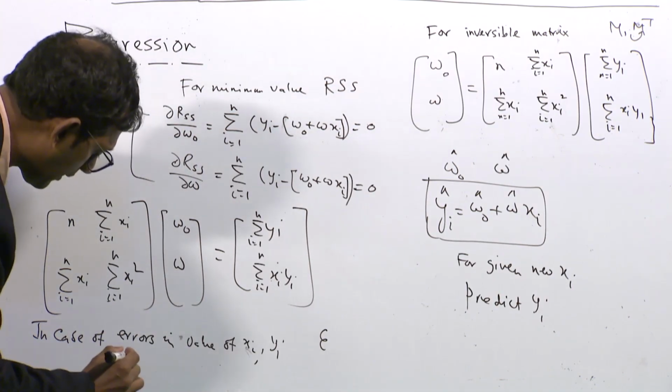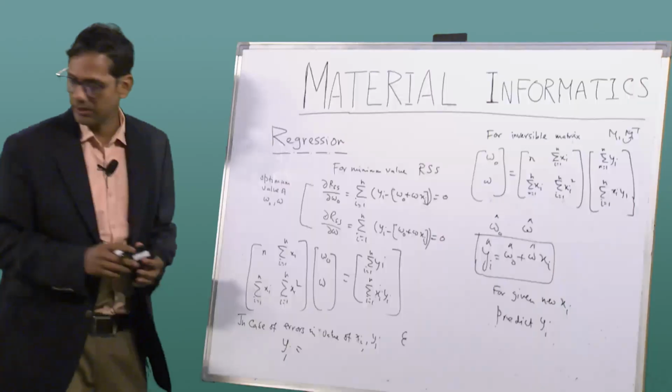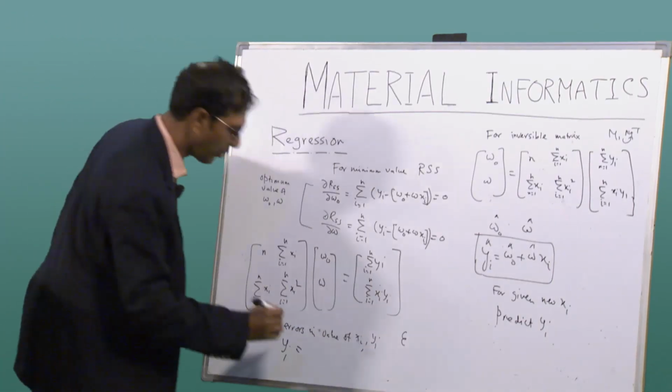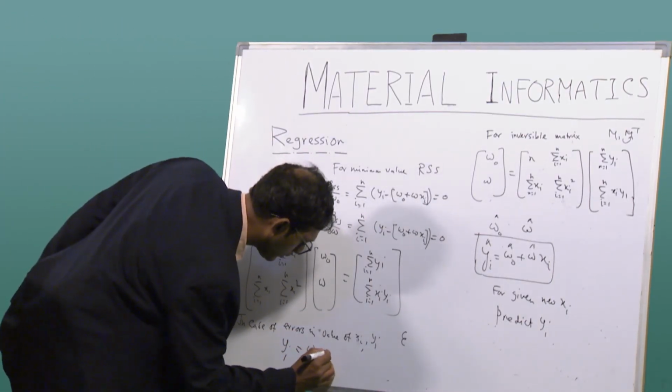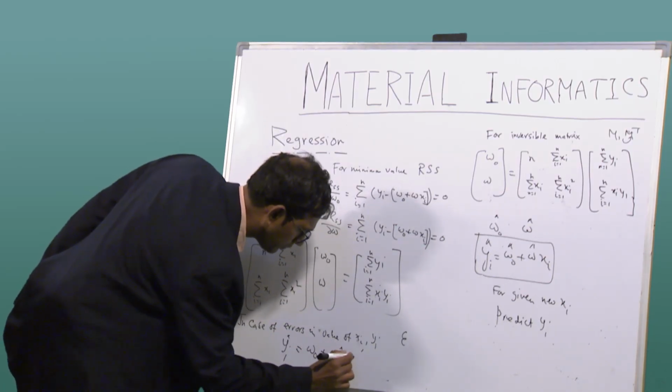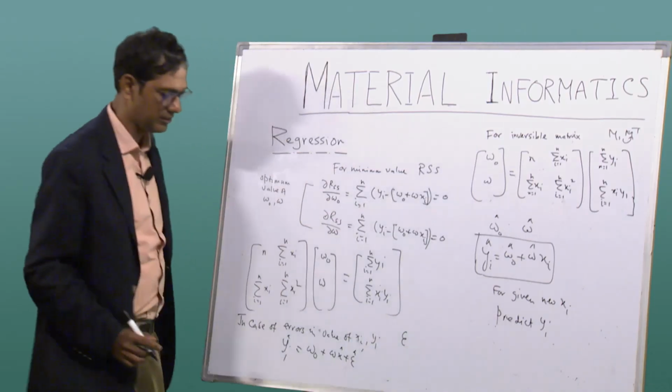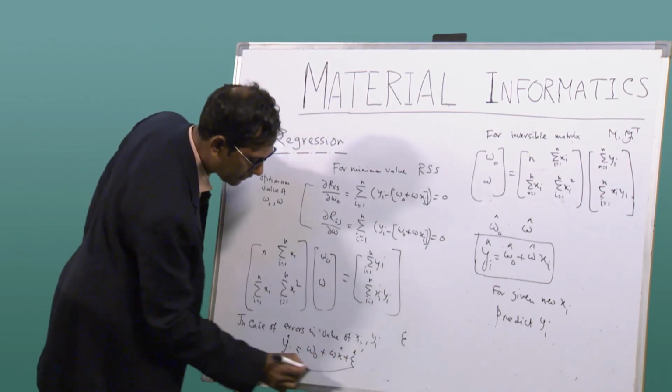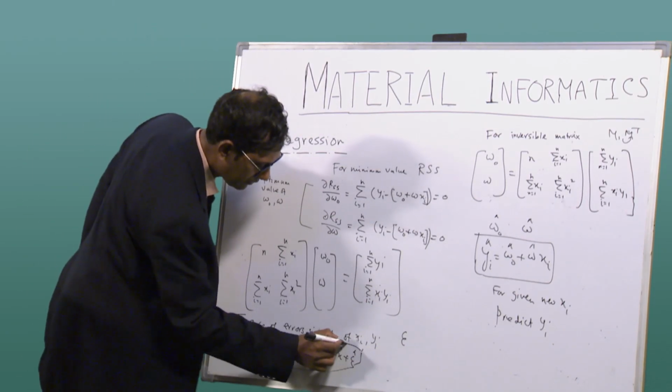So, yi is basically equal to w naught plus w into x plus error, average error. This equation is modified in a very simple manner.